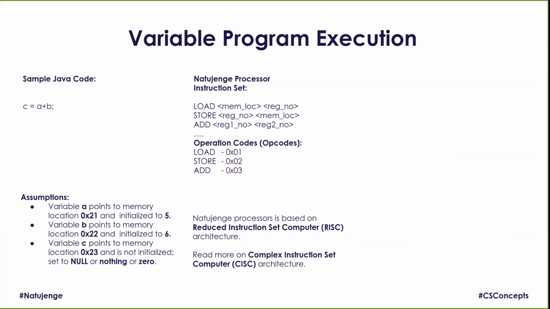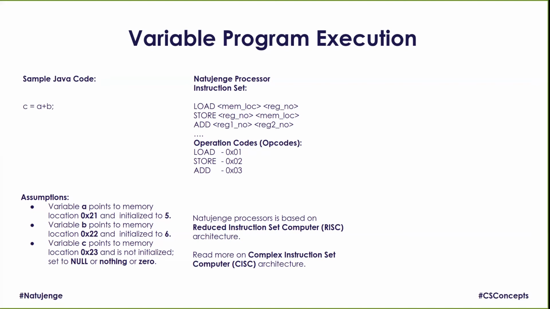While a complex instruction set computer deals with one command that is complex. Maybe for adding, you just say add, then you specify memory location A and memory location B. That means that for you to add, you don't need to load and store. You basically need to specify the parameters in one command, which is a complex command. So you can read more on RISC and CISC, but I hope this gives you a good starting point.